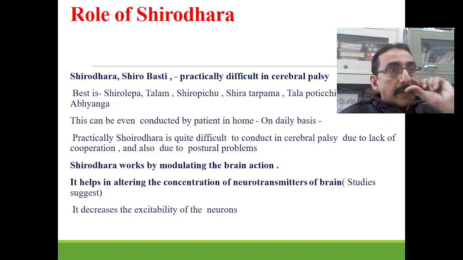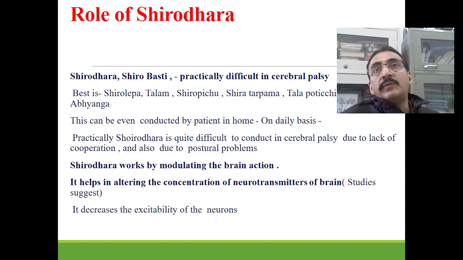Especially it increases stability. We know that during Shirodhara, patients sometimes go to sleep. Practically speaking, sleep, digestion and excretion are all cholinergic functions, not adrenergic functions.